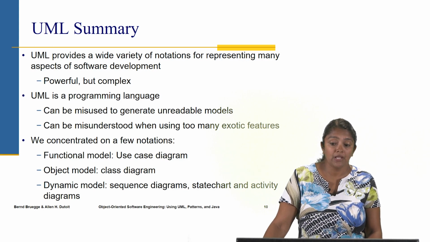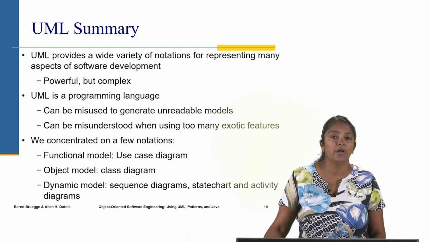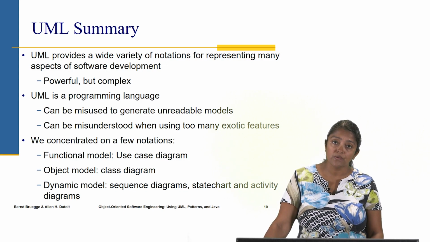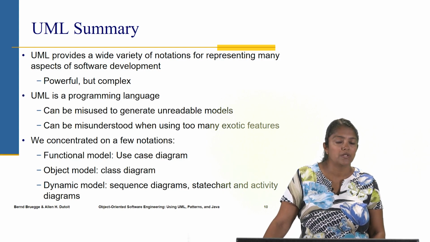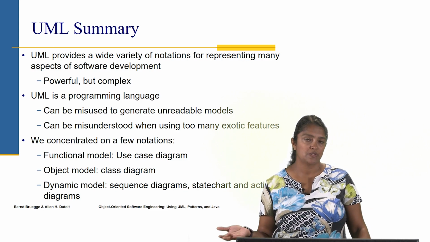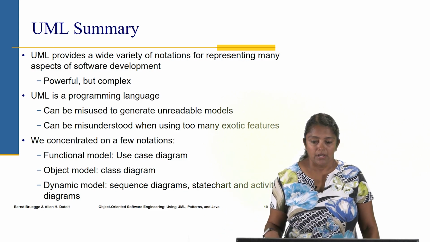Now UML has a lot of tool support, and tools help in converting those models into template code as well, skeleton code. So that feature can be used, and it's basically model-driven development.